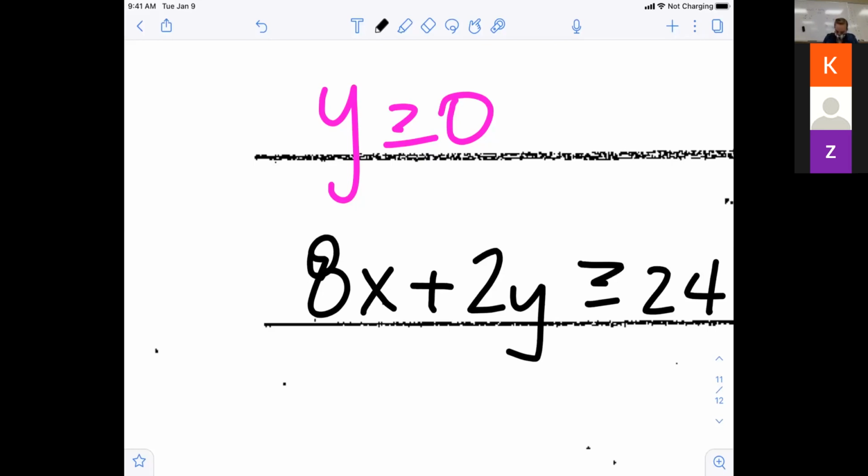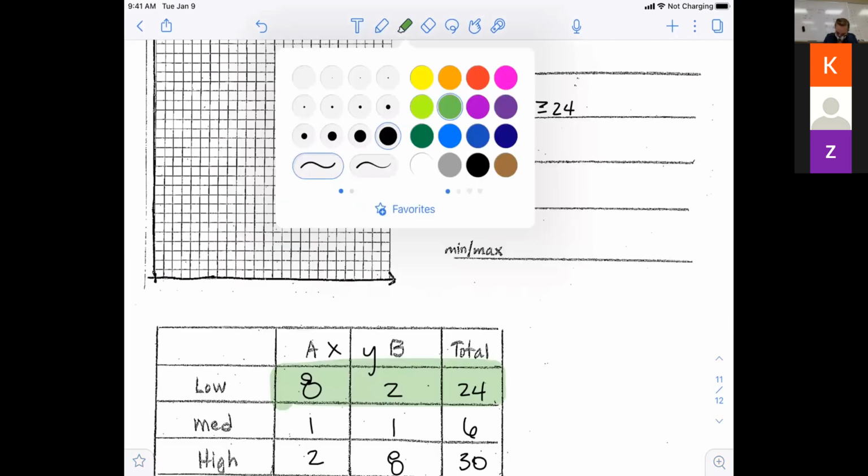The medium one I'm going to do in purple. x plus y is greater than or equal to 6.